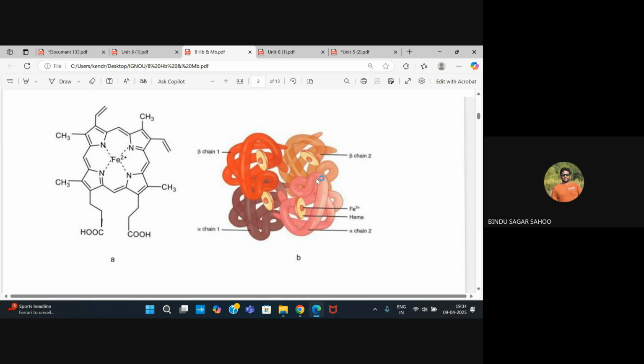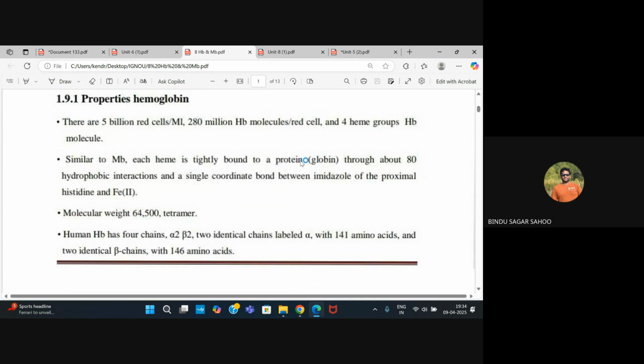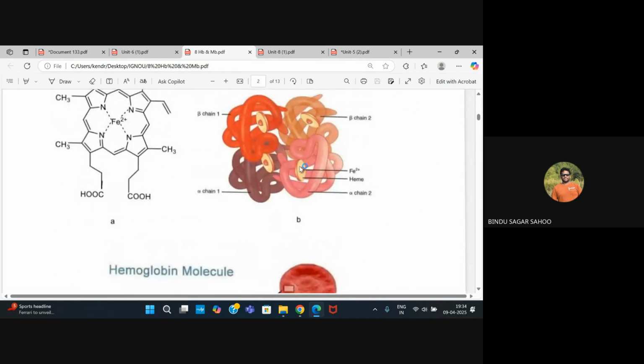These are called the protein chains, or the globin part. Globin means these are the proteins. This complete part with the yellow circle and the small ball is called hemi, and this part is called globin. That's why this is called hemoglobin.